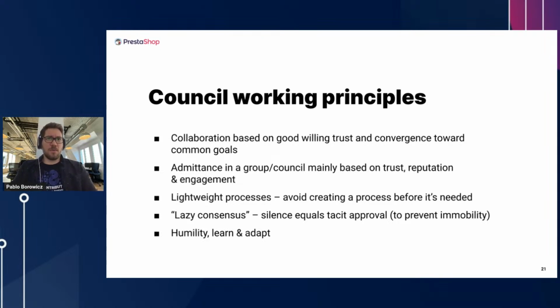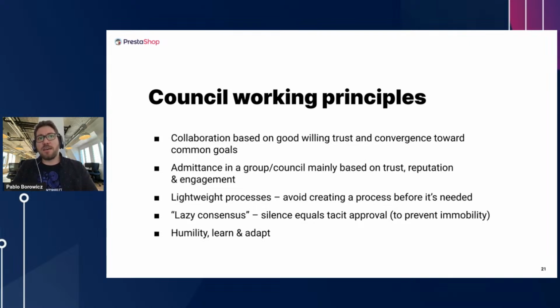The first one is that collaboration should be based on goodwill and trust and convergence towards common goals. Basically, if we don't agree on the general orientation of the project, it's going to be problematic for us to work together. So we need to agree first that we want the best for the project, that we generally agree, or we will try to do our best to agree into the general direction, and we will trust each other that we are working on the best interest of the project and not necessarily our own.